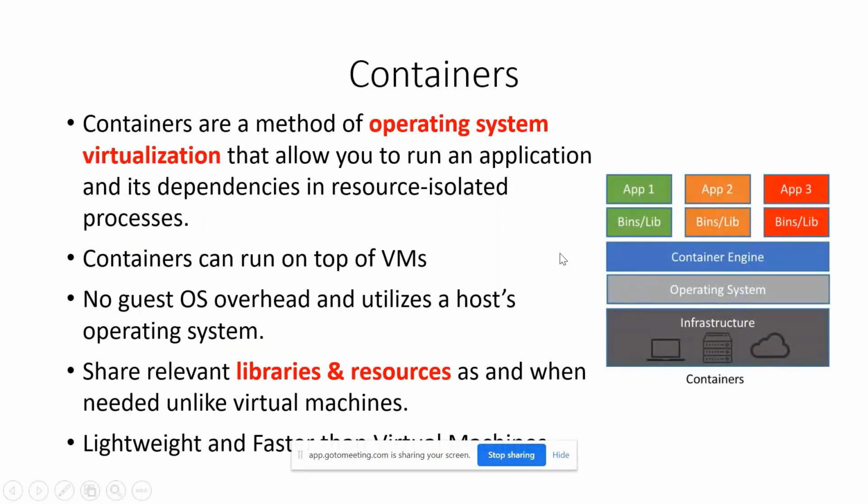In the VM, you can still install Docker, and then run your containers there. So there is no guest OS involved, so there is no overhead now, and you only share the relevant libraries and resources when you need them. You don't allocate them beforehand, right? It's lightweight and very fast, guys.